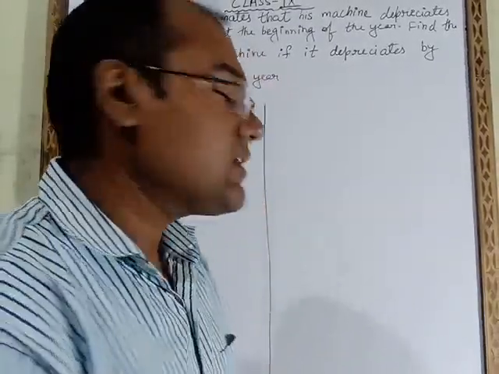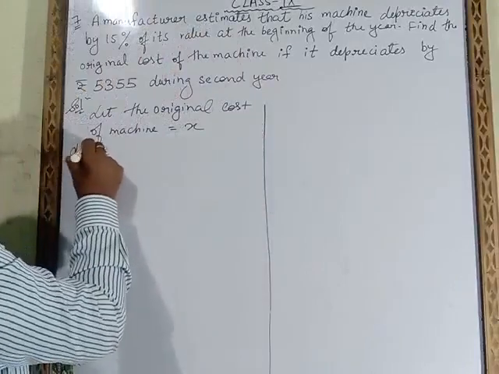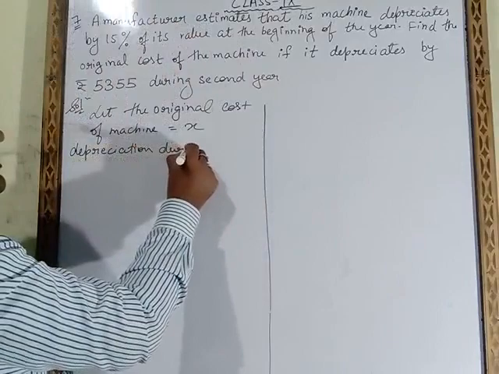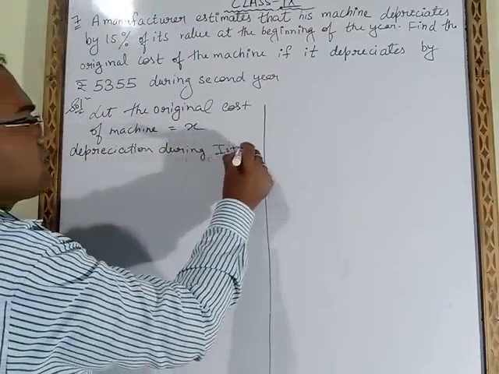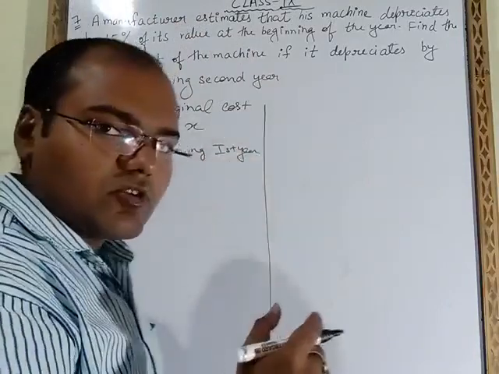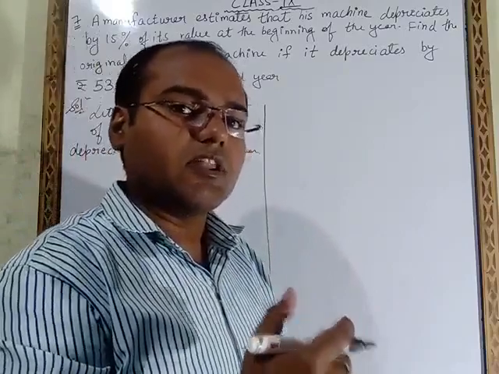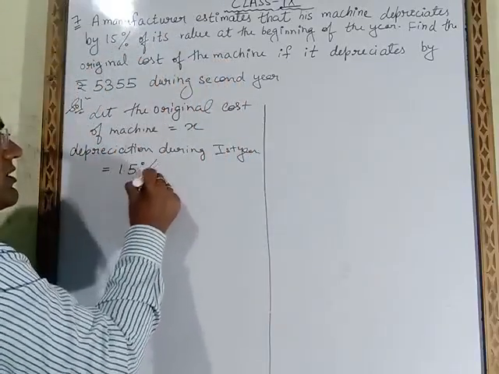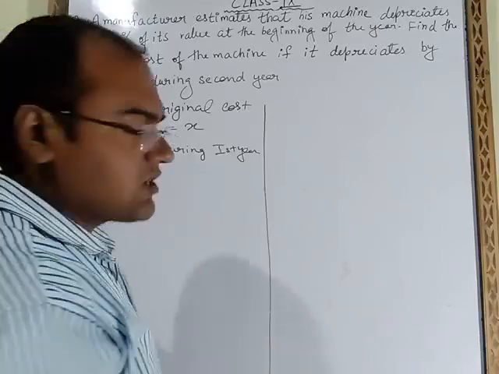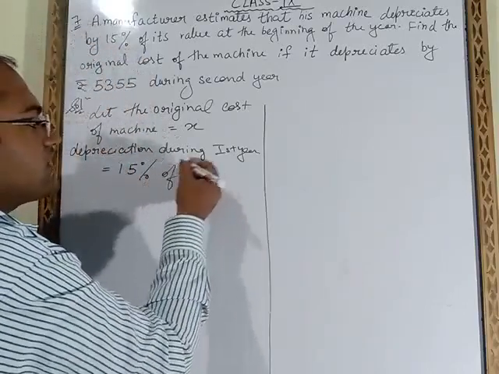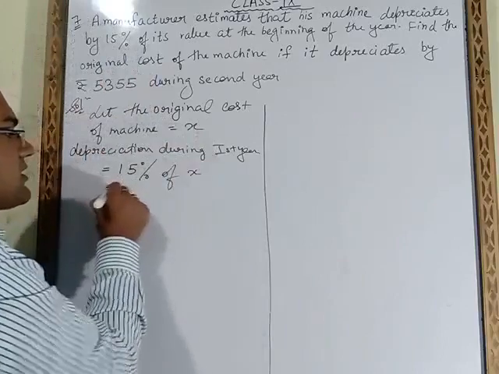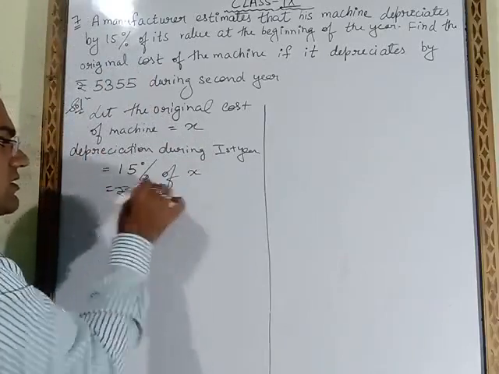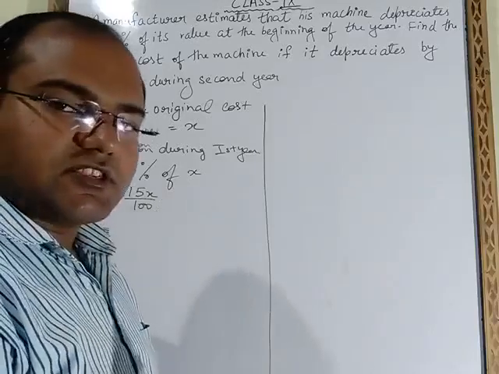So we will find the depreciation during the first year. How much value is reduced in the first year? 15% is reduced in the first year. So 15% of its cost x, that means 15x upon 100 rupees is reduced in its cost.